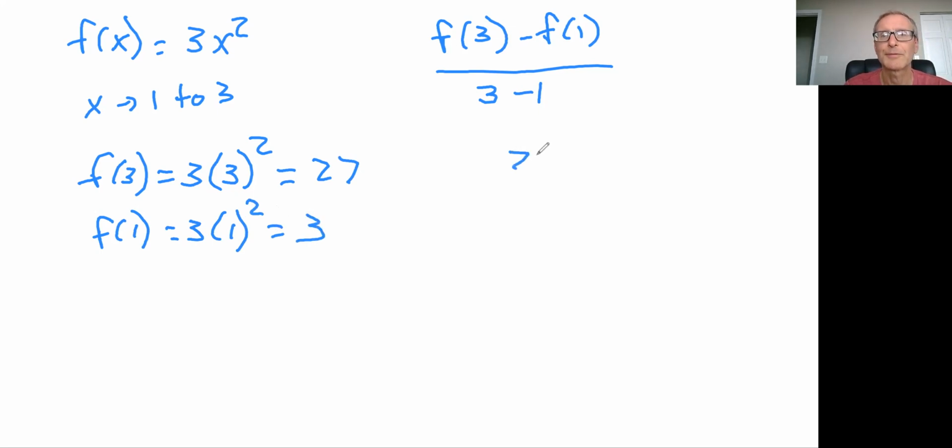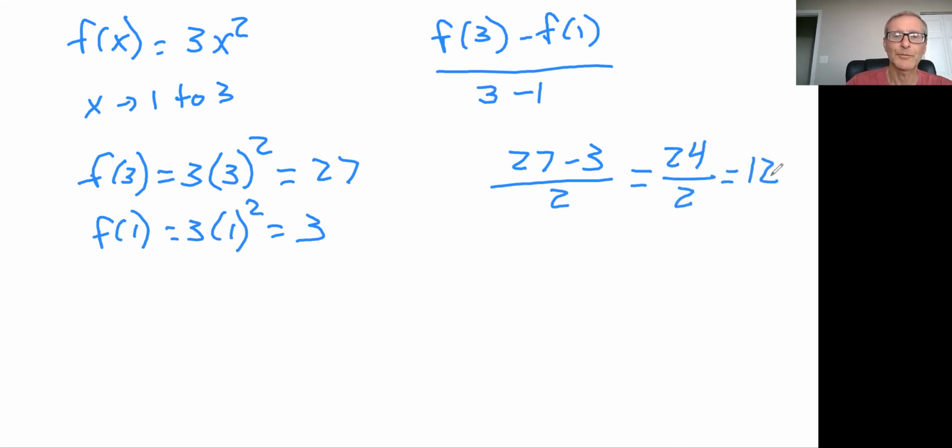So it would be 27 minus 3, and then 3 minus 1 is 2. So that would be 24 over 2, and that would be 12. So that means that the average rate of change between those 2 points is a slope of positive 12.